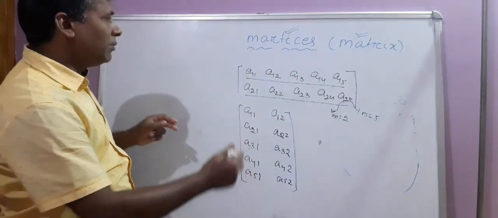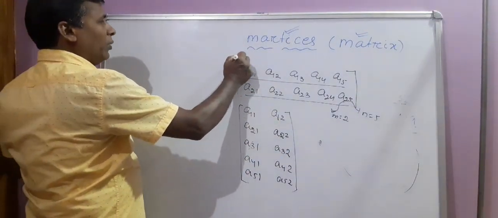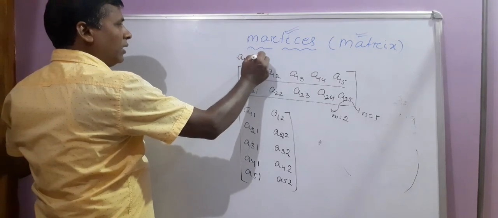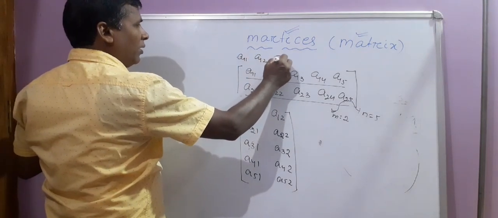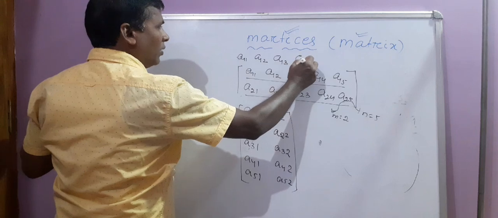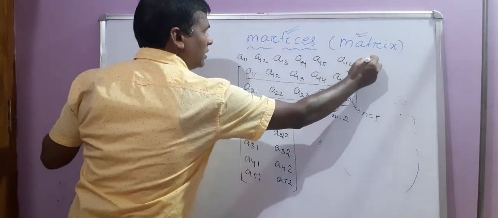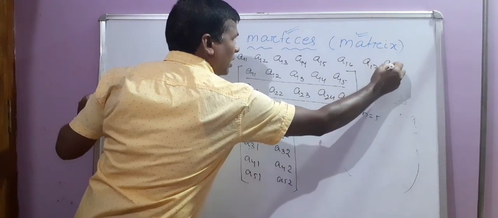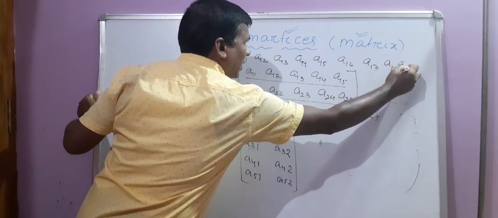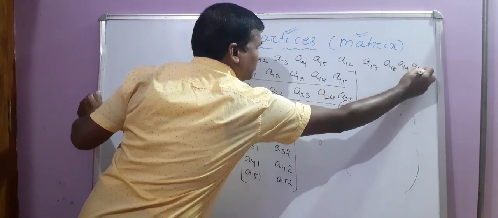Suppose another arrangement is this way: A11, A12, A13, A14, A15, A16, A17, A18, A19 and A110.